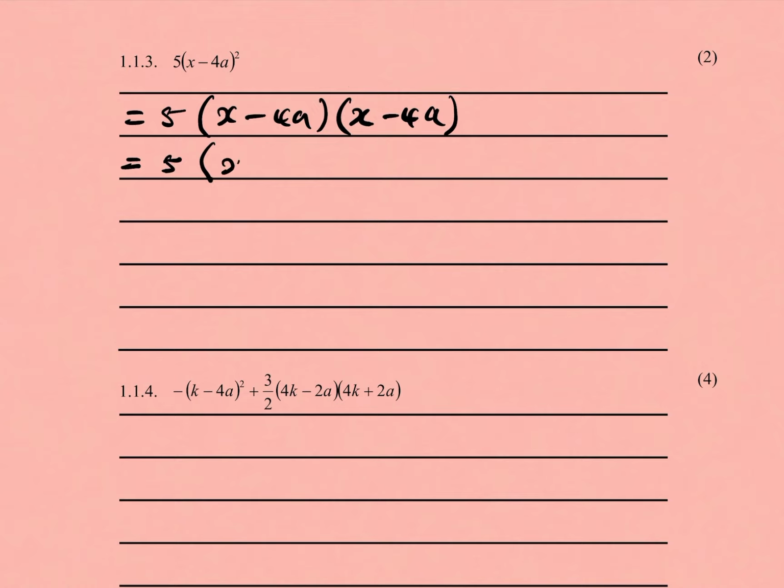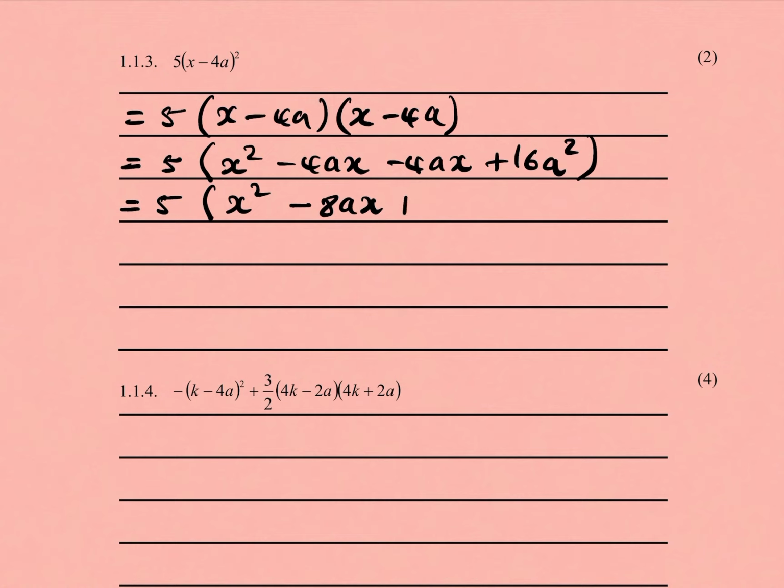So let's see, we get x squared for the first term, and then the outer one is going to be minus 4ax, and then a minus 4ax again, and then a plus 16a squared.